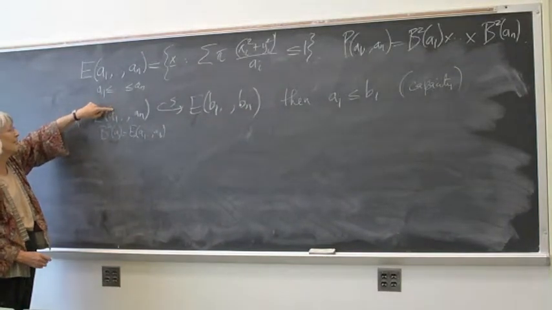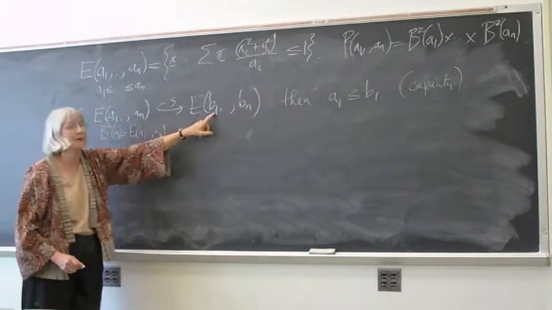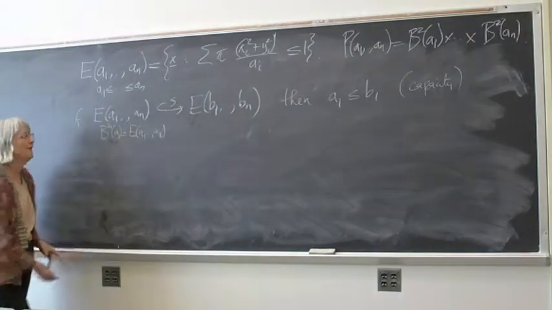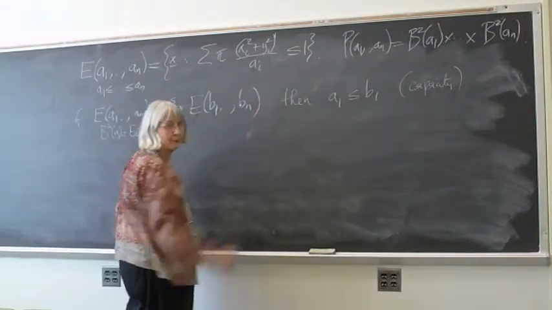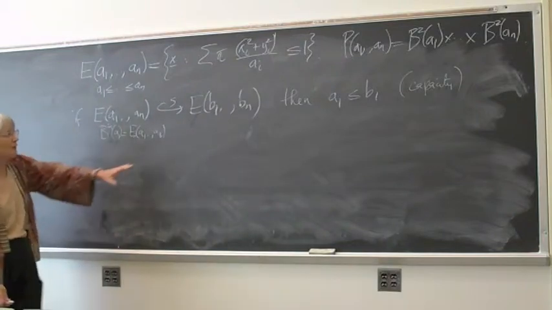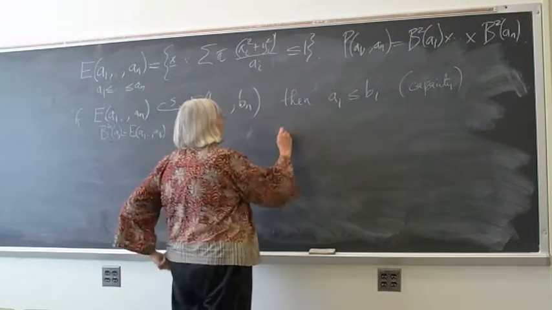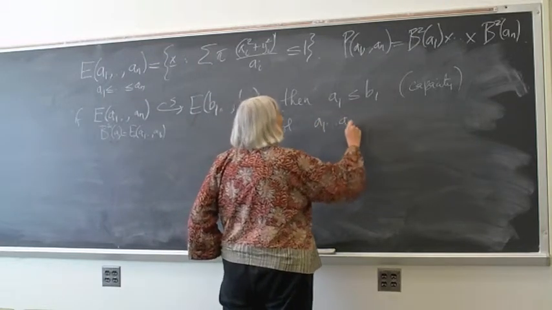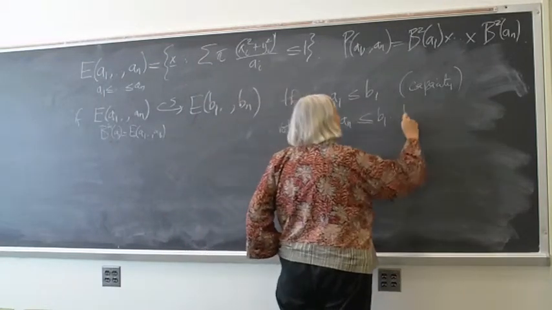And if that embeds in there, this ball is inside here, and then the non-squeezing theorem tells you that a_1 has to be less than or equal to b_1, because this sits inside B_1. So we know that. And then you obviously have a volume constraint, so that tells you that a_1 times ... times a_n has got to be less than or equal to b_1 times ... times b_n.